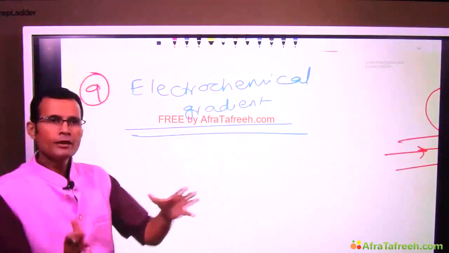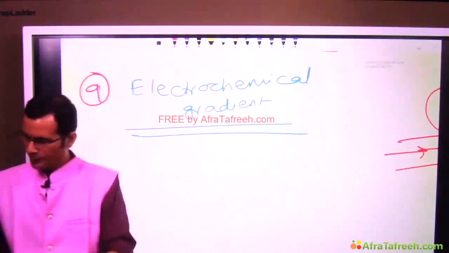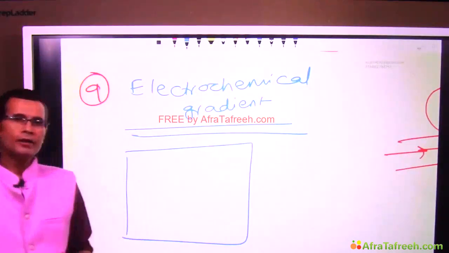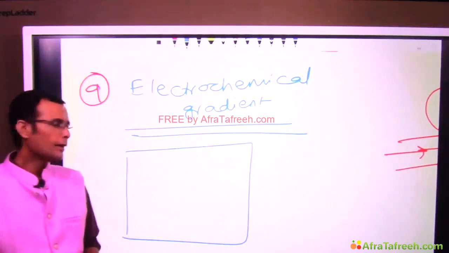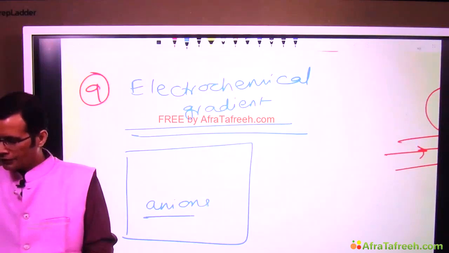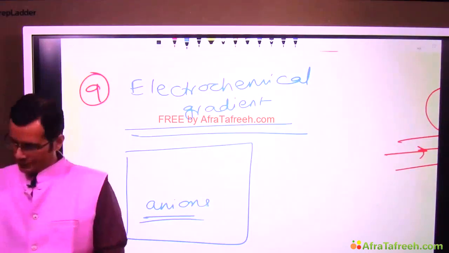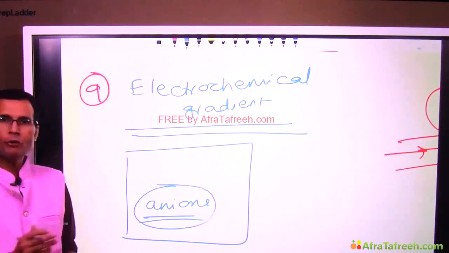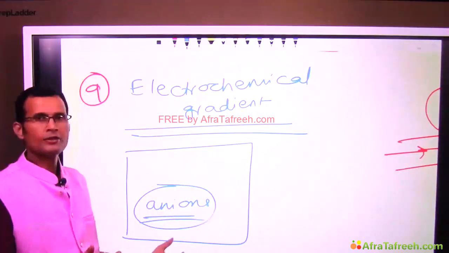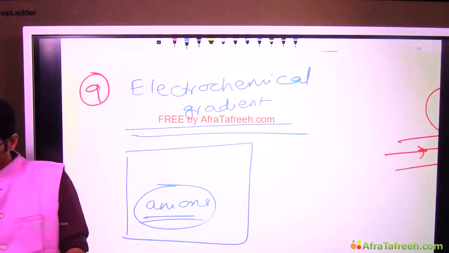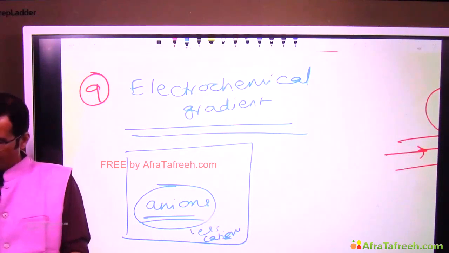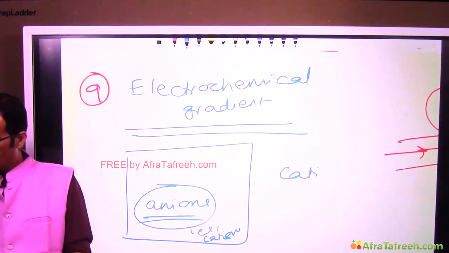But to have a simple example in this, we have discussed at the start of the cell that there are excess anions inside the cell. The proteins and phosphate make excess anions inside the cell and relatively less cations. And there are more cations in the ECF.